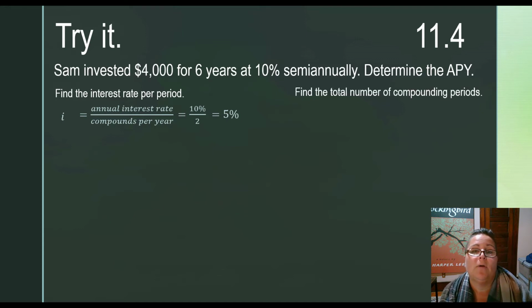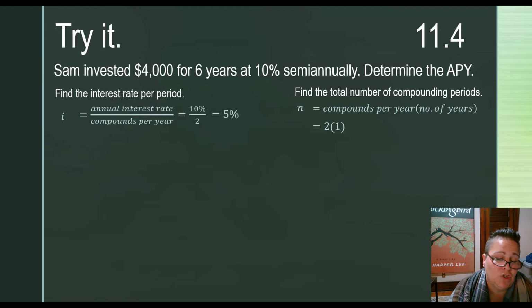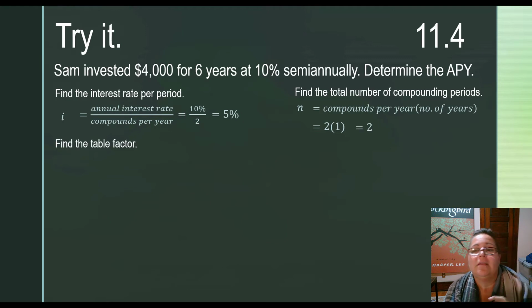The total number of compounding periods, in the loan it would be 2 times 6, but for APY I just need the compounding periods for 1 year. So my N here is going to be 2 times 1. I'm going to look up a table factor for 5% and 2 compounding periods. This gives me a table factor of 1.10250.